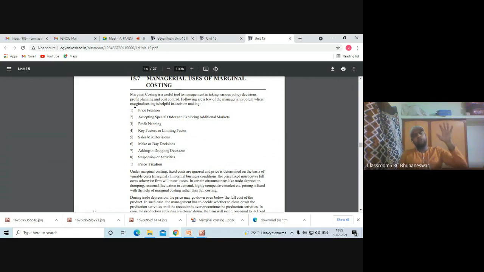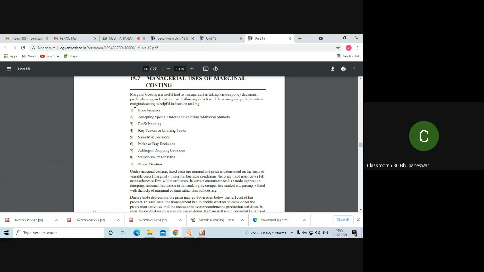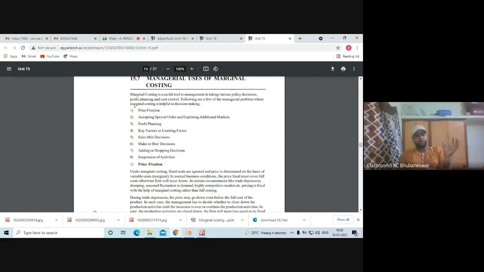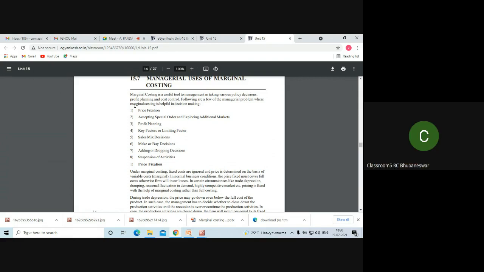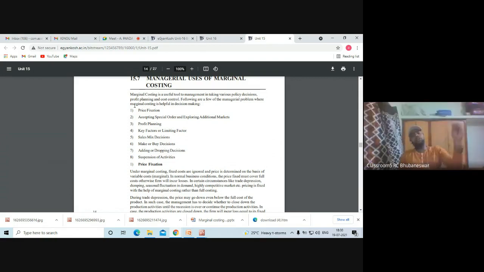But if you are producing on your own, then 5 rupees will be the variable cost, so the total variable cost will be 50,000. Let's say the fixed cost is 5,000. Then you are going to earn an extra 5,000 profit if you are producing on your own. If you are purchasing from outside, you have to incur 60,000, but if you are producing, you have to spend 55,000.